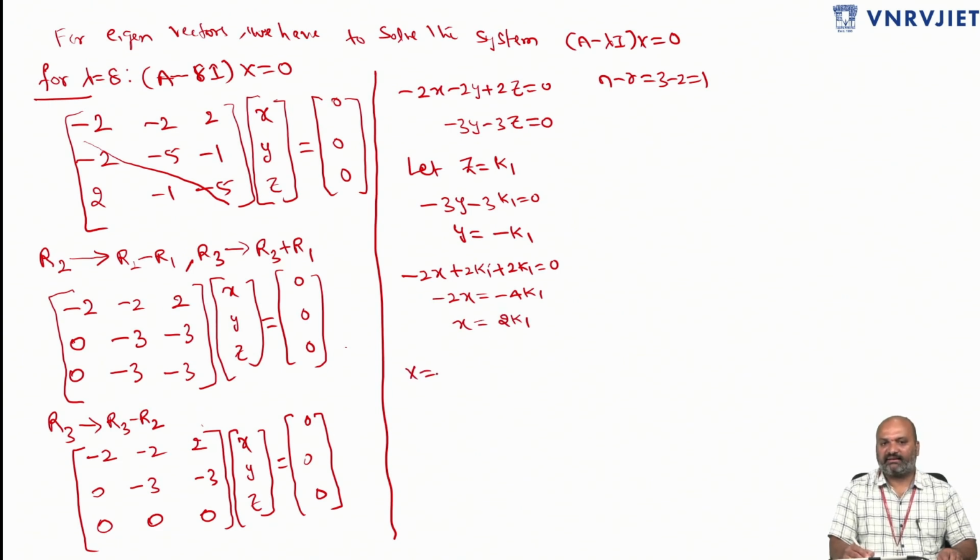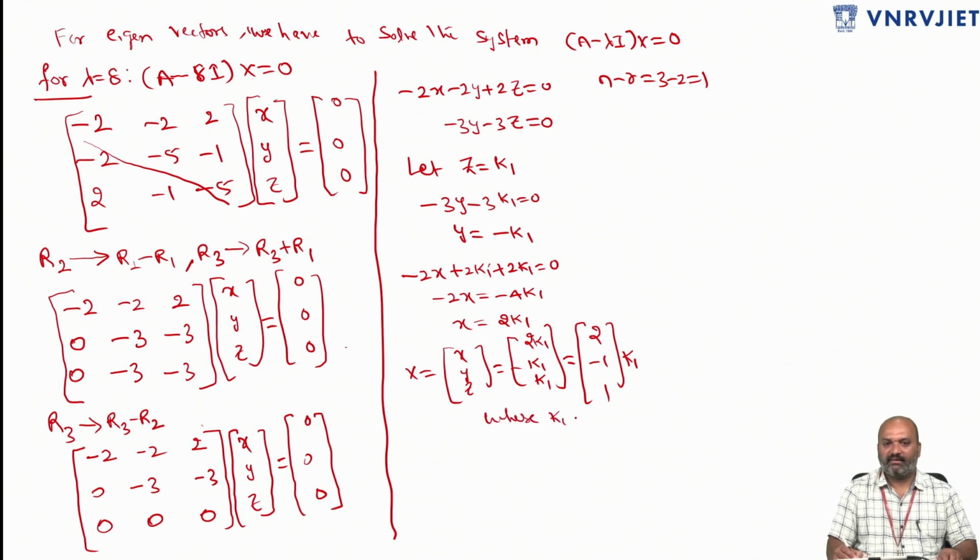Now if you write the vector, x equals x, y, z, which is 2k1, minus k1, and k1. So this can be written as 2, minus 1, 1 into k1, where k1 is an arbitrary constant.